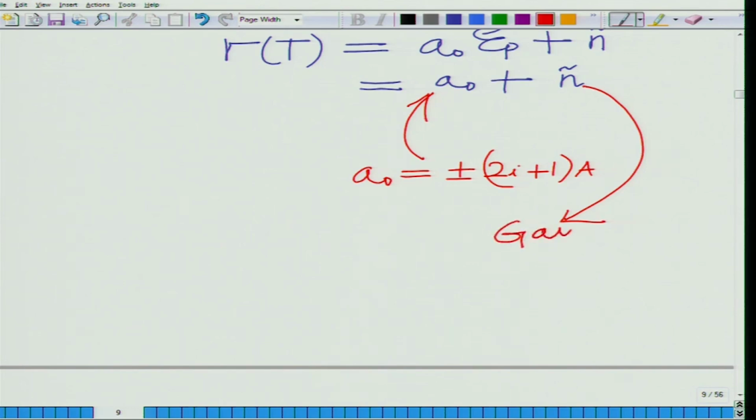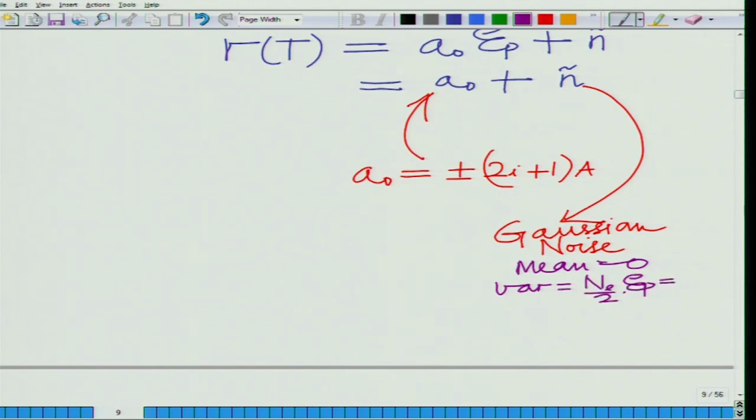This is Gaussian noise. Again, the noise part is exactly the same as in BPSK: Gaussian noise with mean equal to 0 and variance N_0 by 2 E_p, where E_p equals 1, so N_0 by 2.